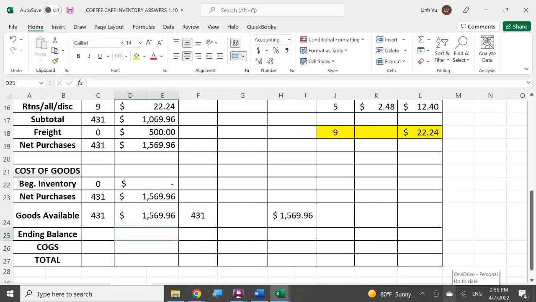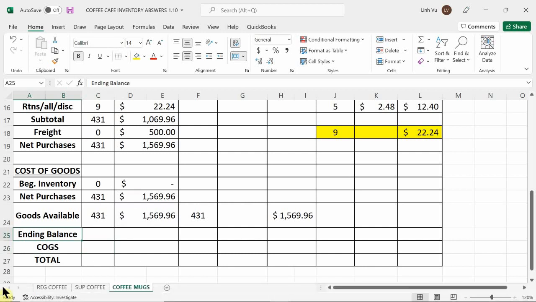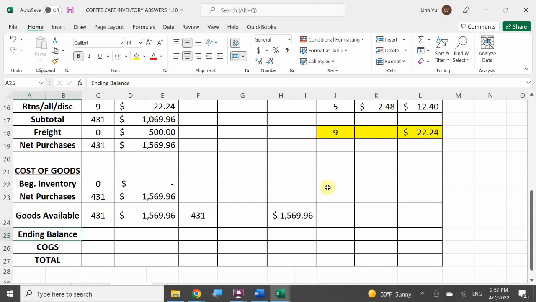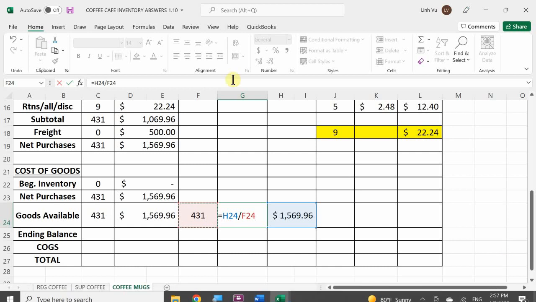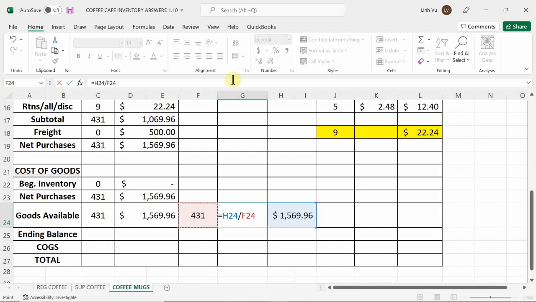From here, because we have moving average, I need to solve for my average cost per item. If I sold 1 cup, how much is it going to cost me? What's my average cost per item?